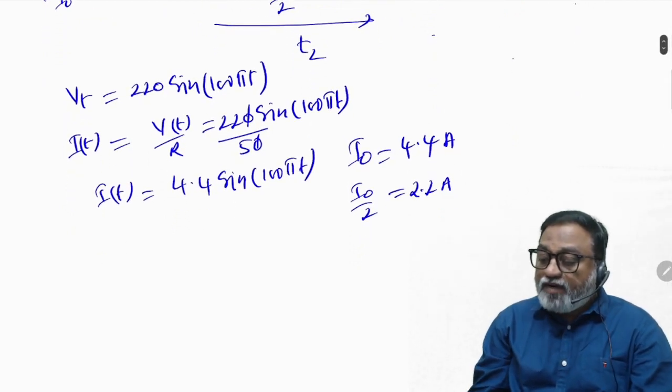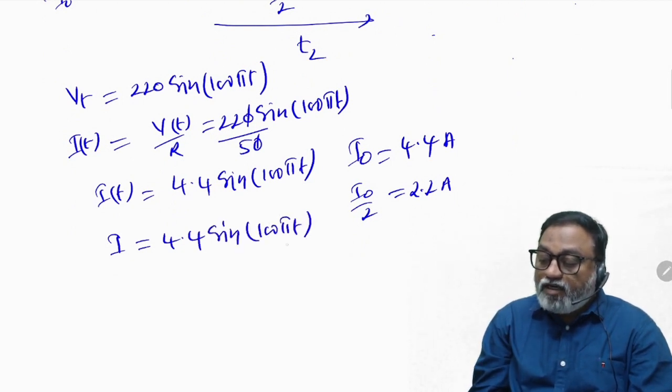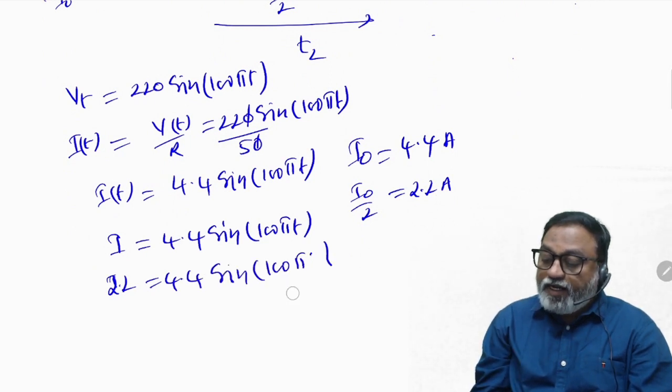First, the time taken for 0 to half of the maximum value. I is equal to 4.4 sin 100 pi t. Here I is I naught by 2, that is 2.2, so 2.2 is equal to 4.4 sin 100 pi t.